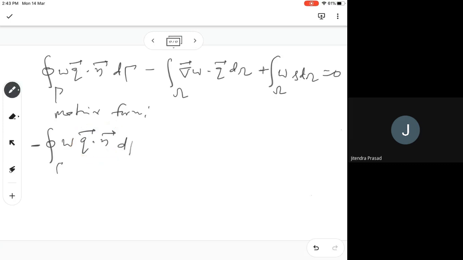We will mix this with this anyway. These are all scalar values, so we can mix.